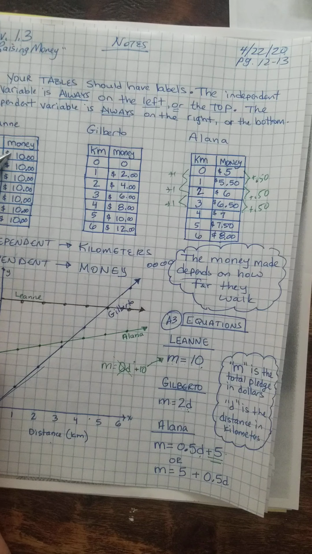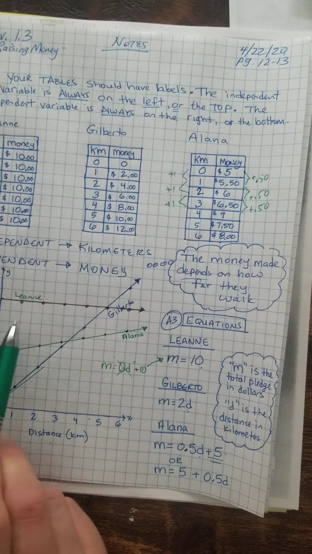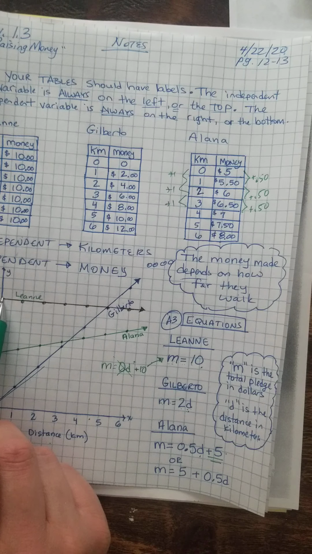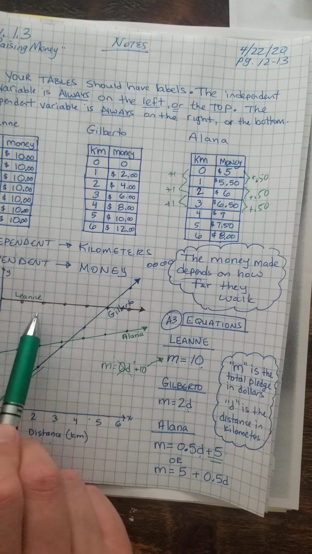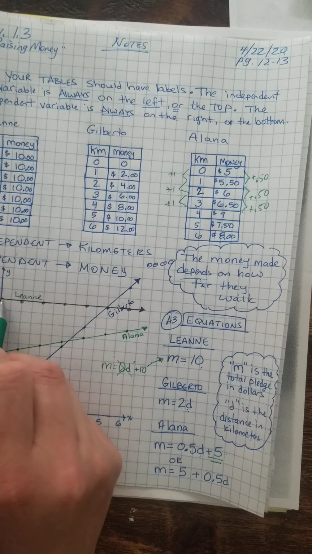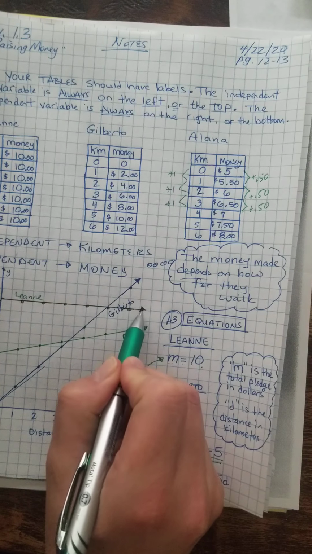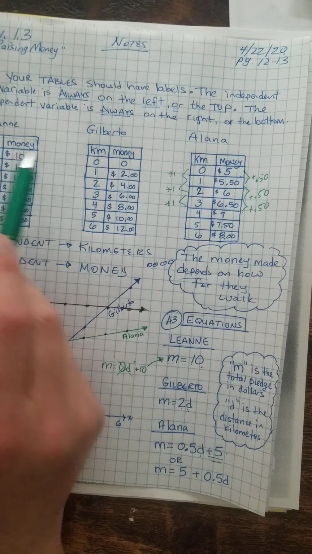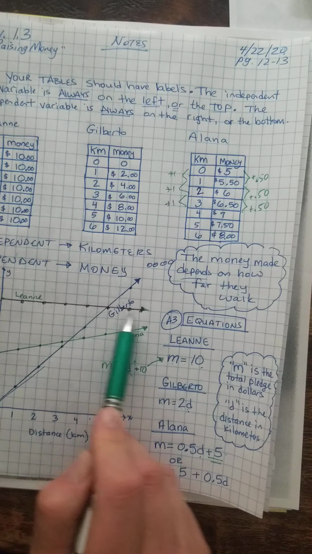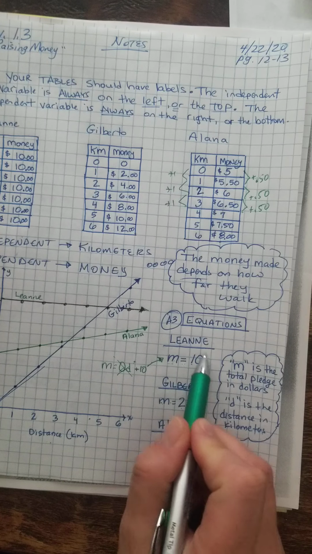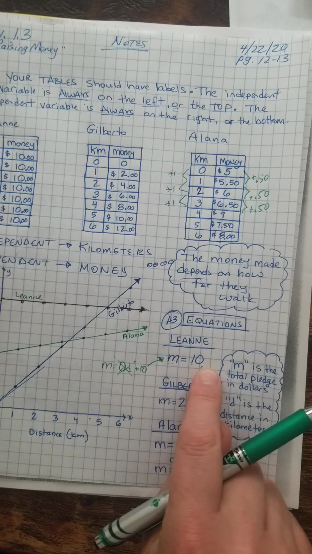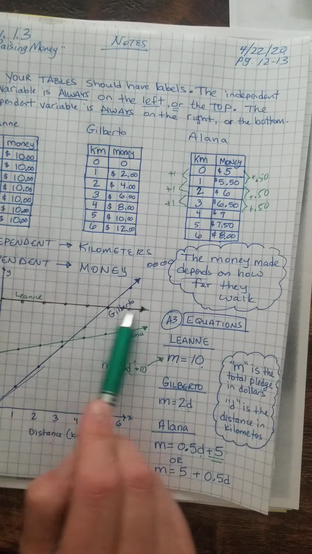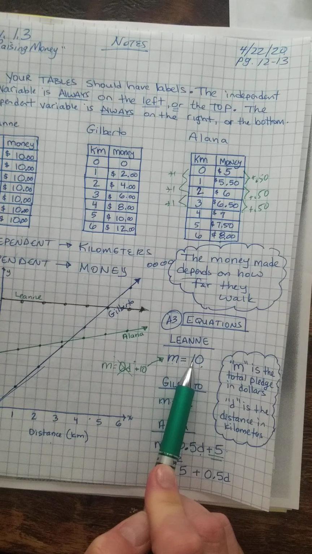We see the 10, 10, 10, 10, and with Leanne's graph, you can tell that the pattern appears as just a straight line moving across. Between the graph and the table, the constant is 10, and in the equation, it's just the money is 10, right? So we see it here, here, and here.